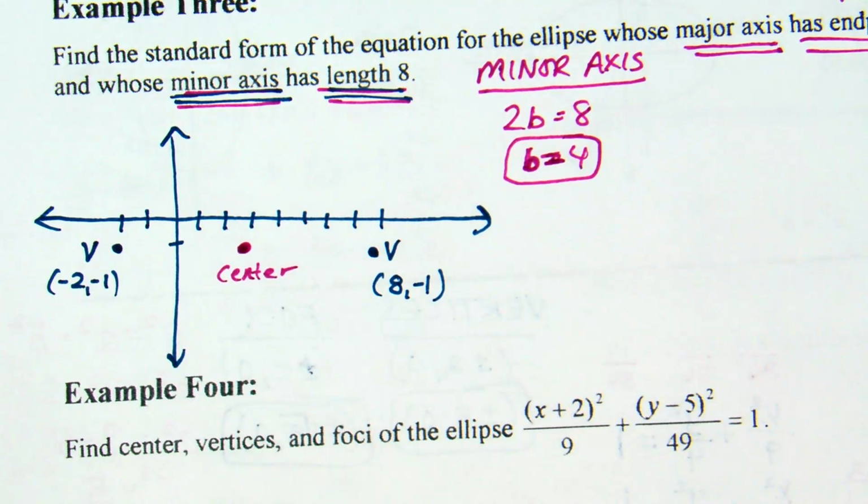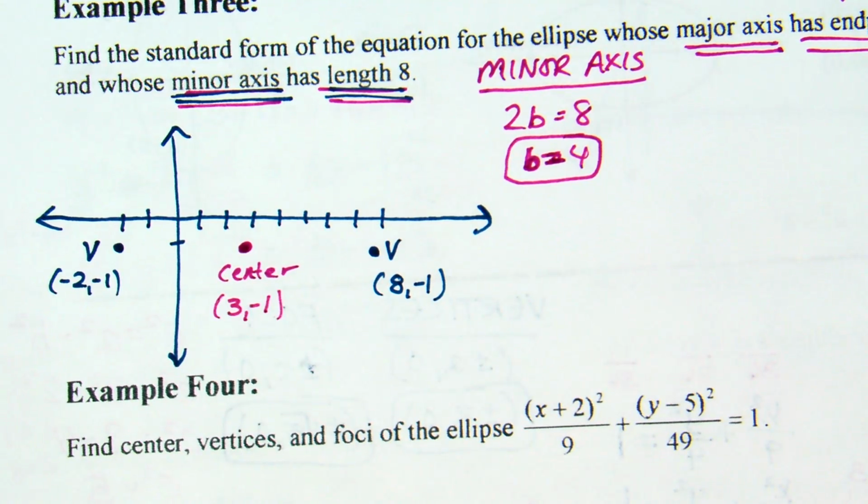So if I count in 5 from 8 and 5 from negative 2, that puts me at 3. I know I'm at negative 1 because that's where the others are, right? So my center ends up being 3, negative 1, which means I now have H and K.